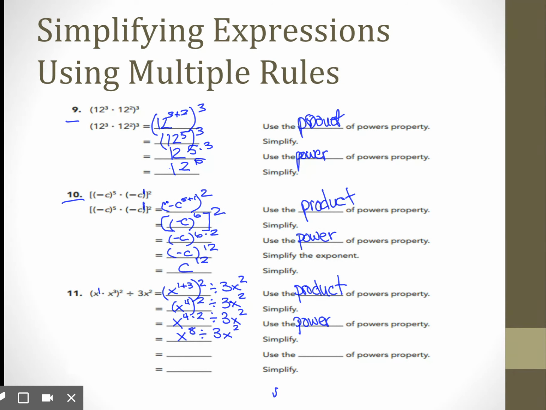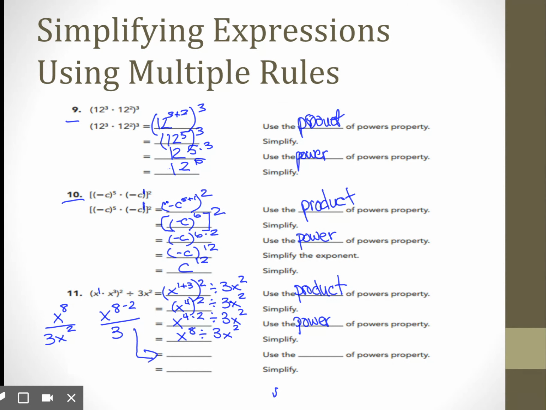I'm going to write this down in the fraction version like I taught you in previous lessons off to the side. X to the 8th over 3x squared. So now I'll keep my x's on top, x to the 8th minus 2 over 3. I ran out of room. That's what would go on this line here.